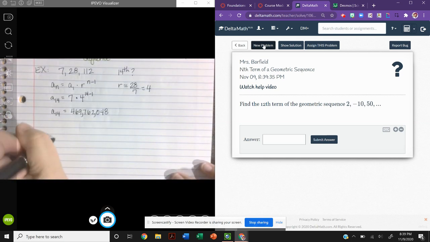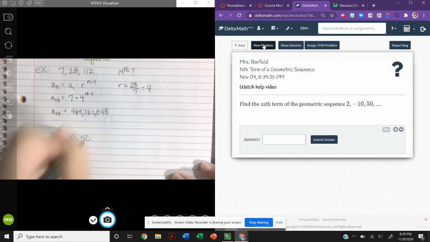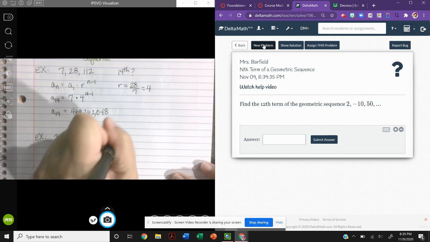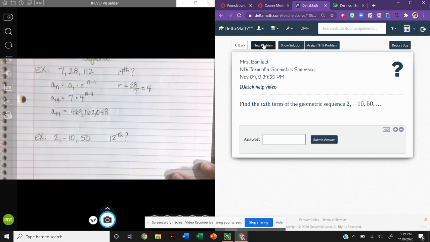So we have 2, -10, and 50, and we want the 12th term. So a sub n equals a sub 1 times r to the n minus 1.